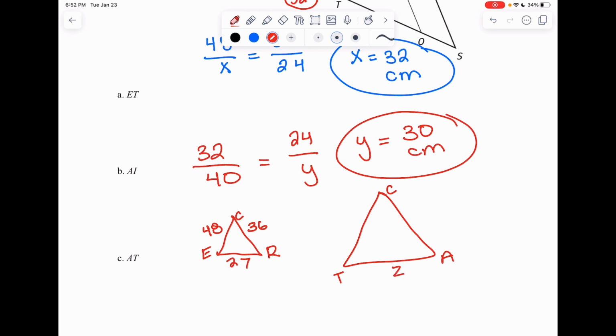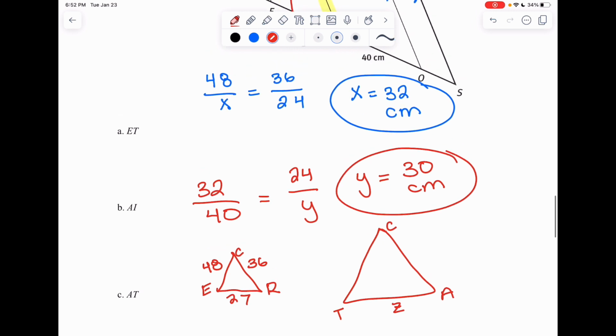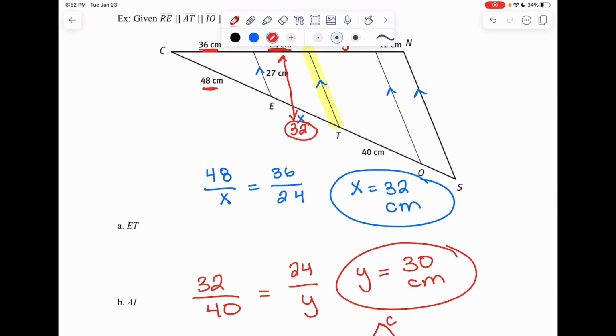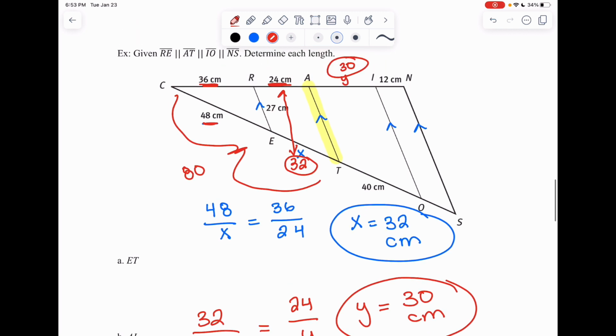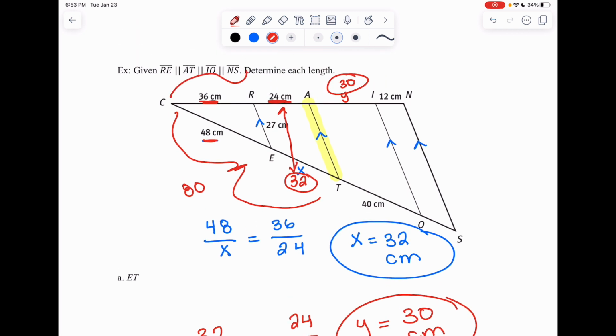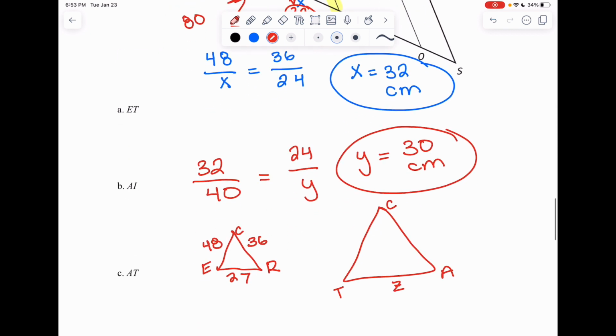And I'm looking for AT, I'm going to call that z. And look, in order to find the side length CT, I once again have to add those two sections together. So 48 plus 32 will be 80 centimeters. And to find CA, I have to add 36 and 24, which would get me 60 centimeters.